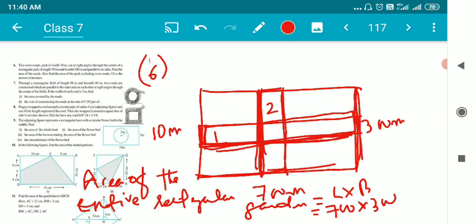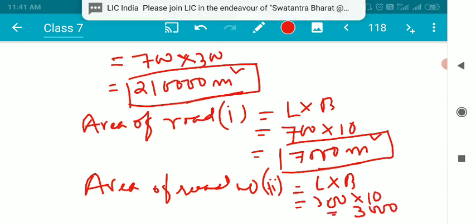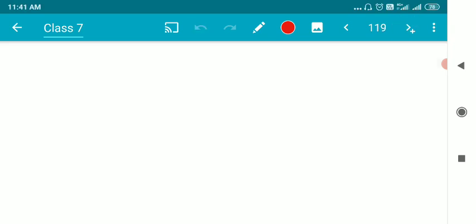So the length of road number 2 will be 300 meters and the breadth will be 10 meters. Length into breadth, 300 into 10, is 3000 meters squared.